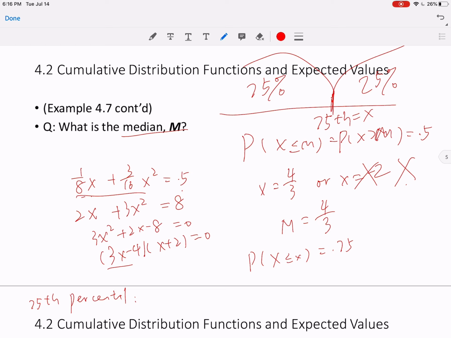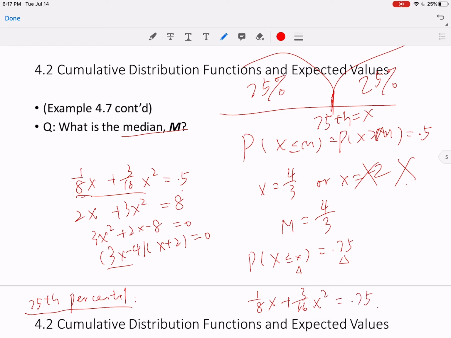If we want to find the 75th percentile, we're looking for an x value that will make the CDF equal to 0.75. So we just need to set up a new equation, which is 1 over 8 x plus 3 over 16 x squared equal to 0.75.